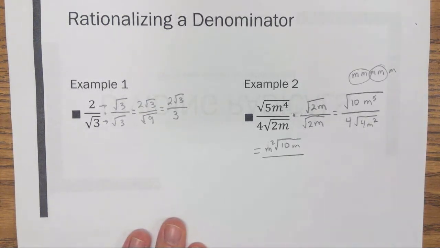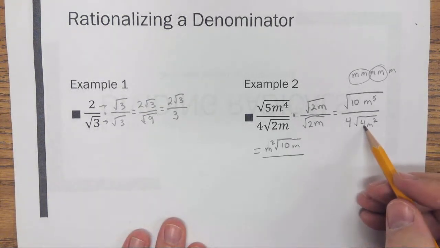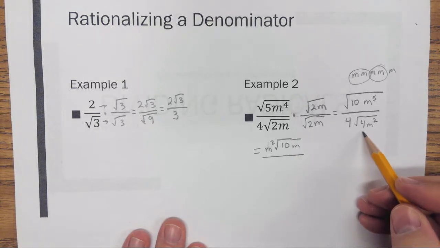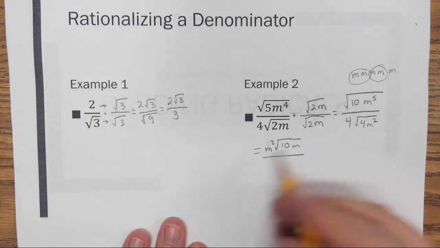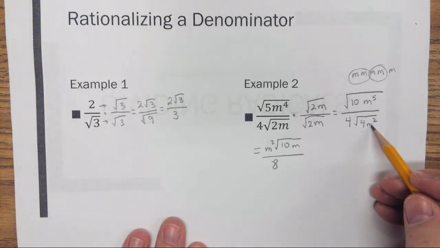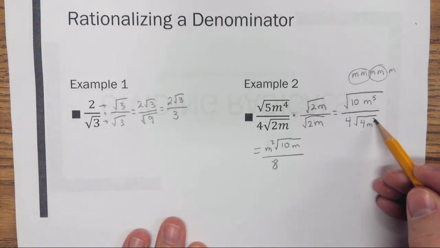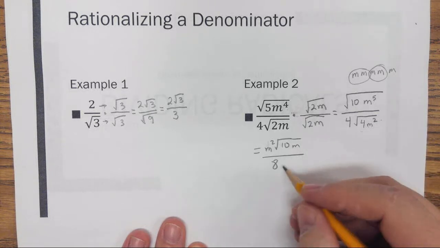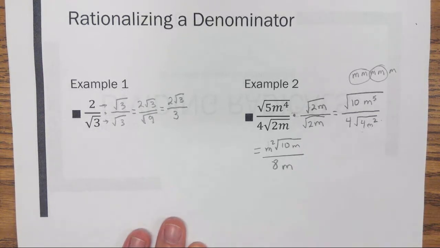Now let's do the bottom. This 4 we know is a perfect square. That's going to be 2. 2 times 4 is 8. Then m squared, well, m squared is a perfect square because it's m times m, so then I'm going to be left with 8m on the bottom.